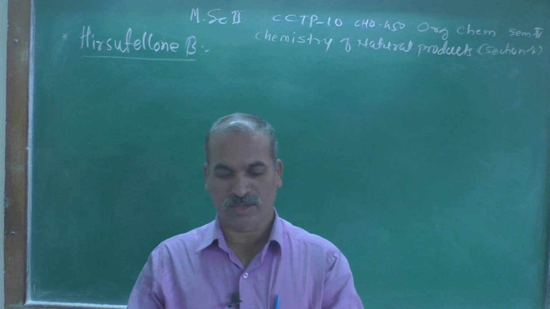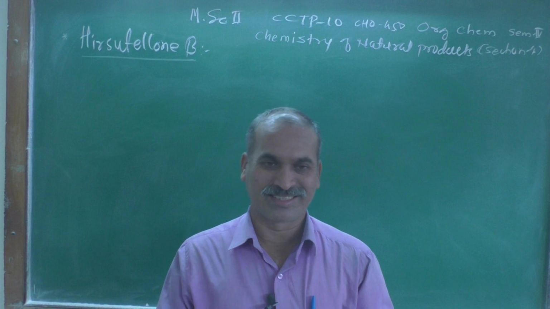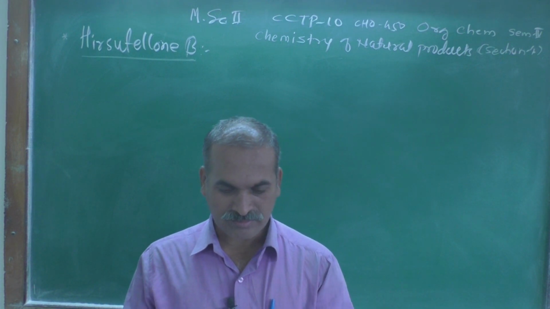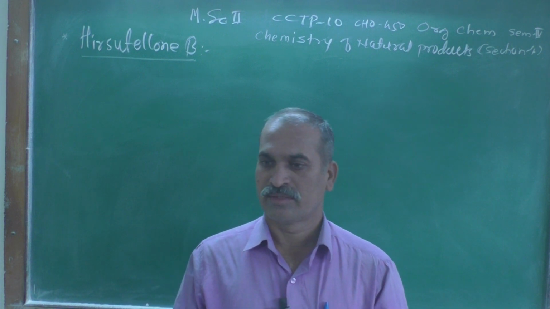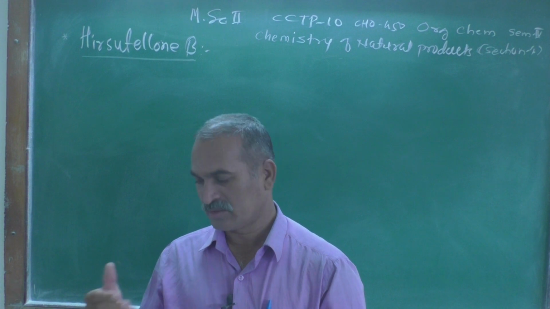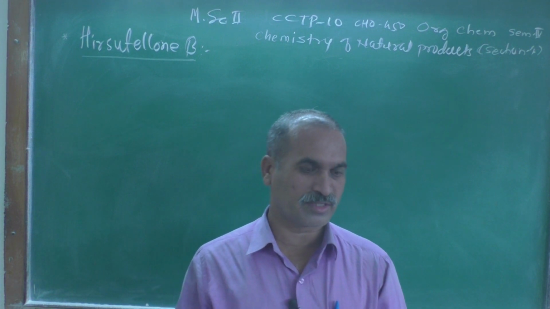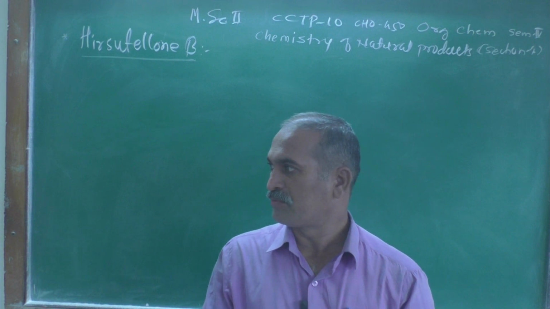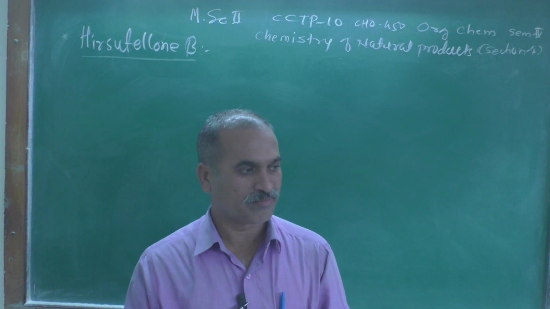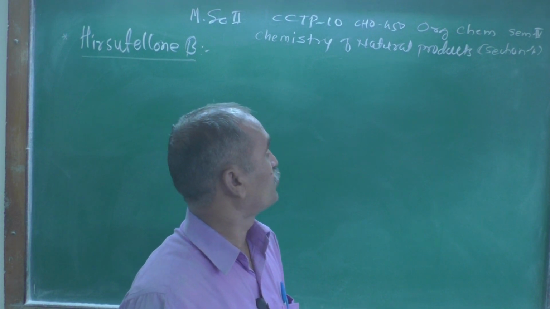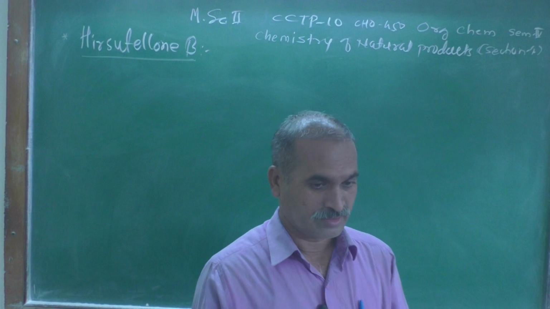Today what we are going to discuss is another molecule, because we are discussing the course according to the new choice based credit system. The name of this course is CCTP 10, previously known as CHO 450.